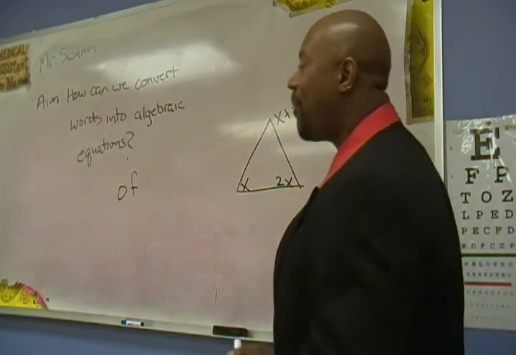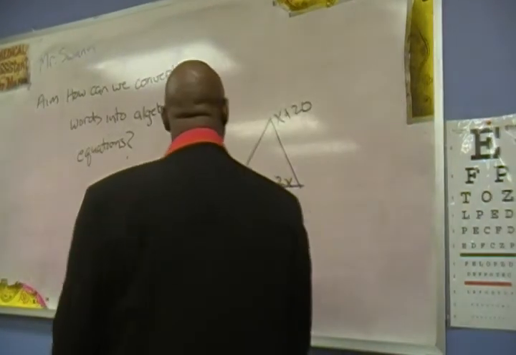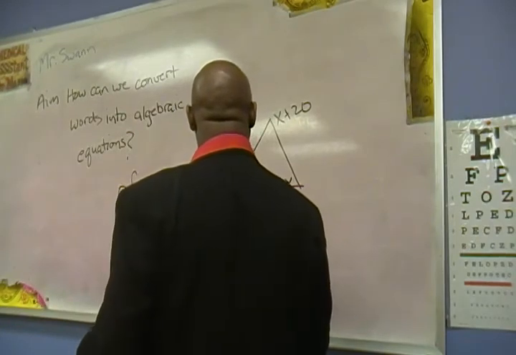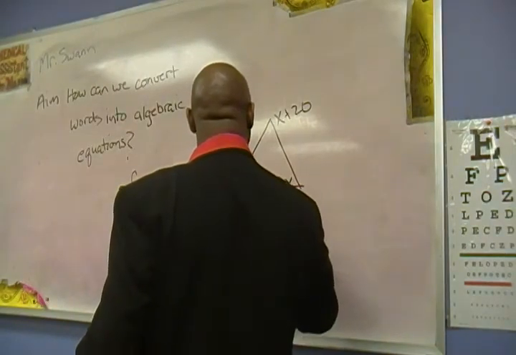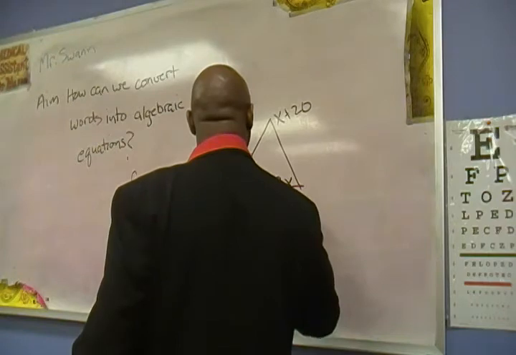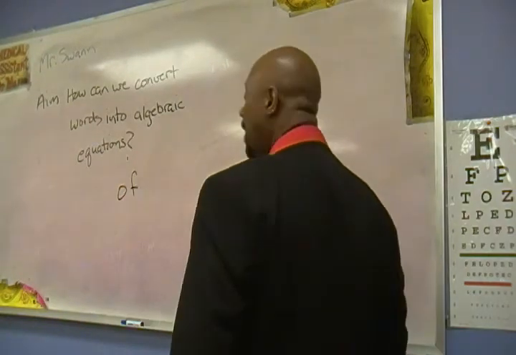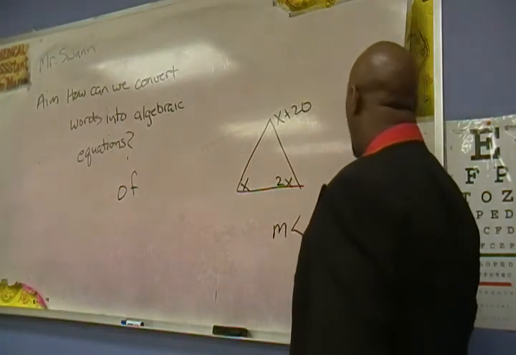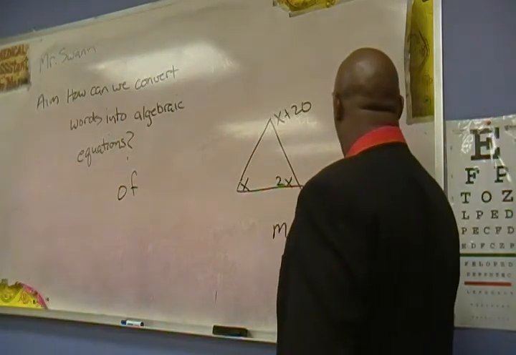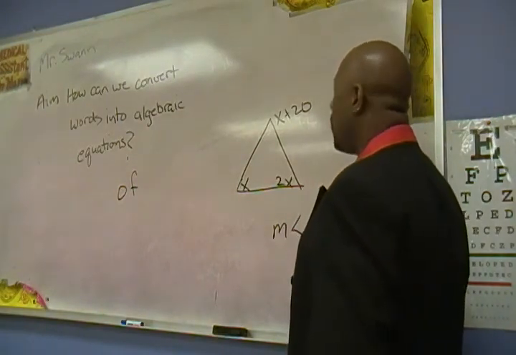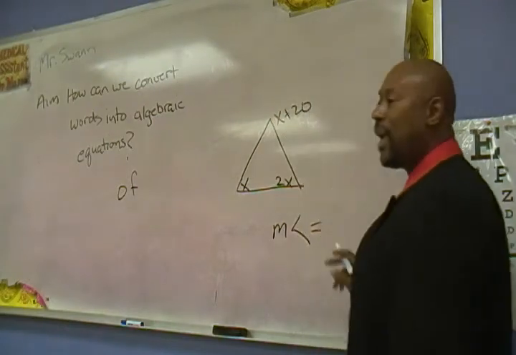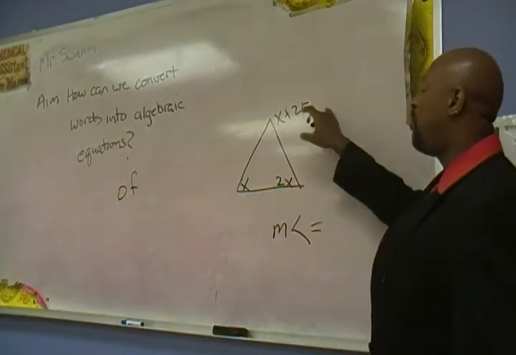So actually, they're going to say you're trying to find the measurement of an angle. If you have one angle, another is twice the size of that angle, and the other is 20 more than the angle.